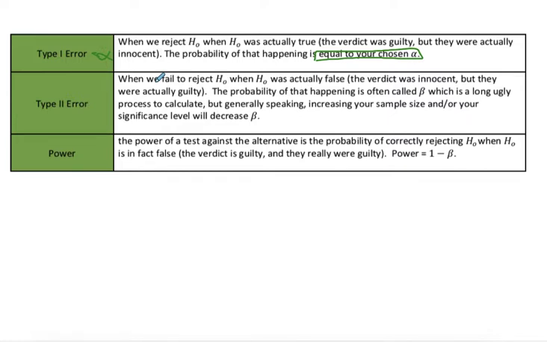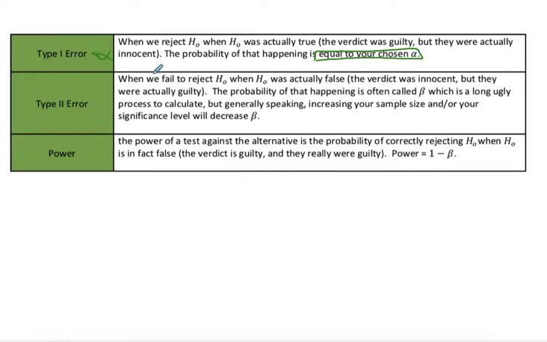We're only going to leave a very little wiggle room for that. And so if we happen to make that error, that's when we reject the claim and the claim was actually true. The probability of that is equal to alpha. So this is something that we have to consider when we're choosing alpha.